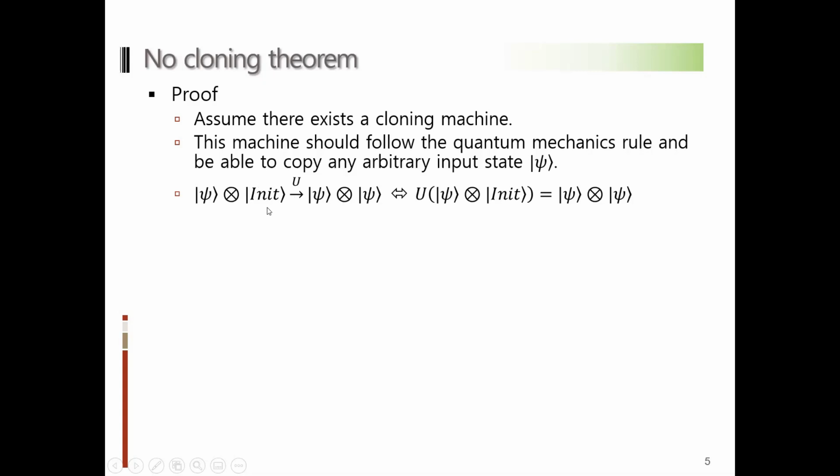This initial state is a kind of placeholder or variable or memory to hold the resulting quantum state. We are assuming that such a machine exists, and that it can be modeled as a unitary operation. Mathematically, if this kind of operation is possible, then if we apply the unitary operation corresponding to this cloning machine, it will apply in this way, and the final result should be like this one.